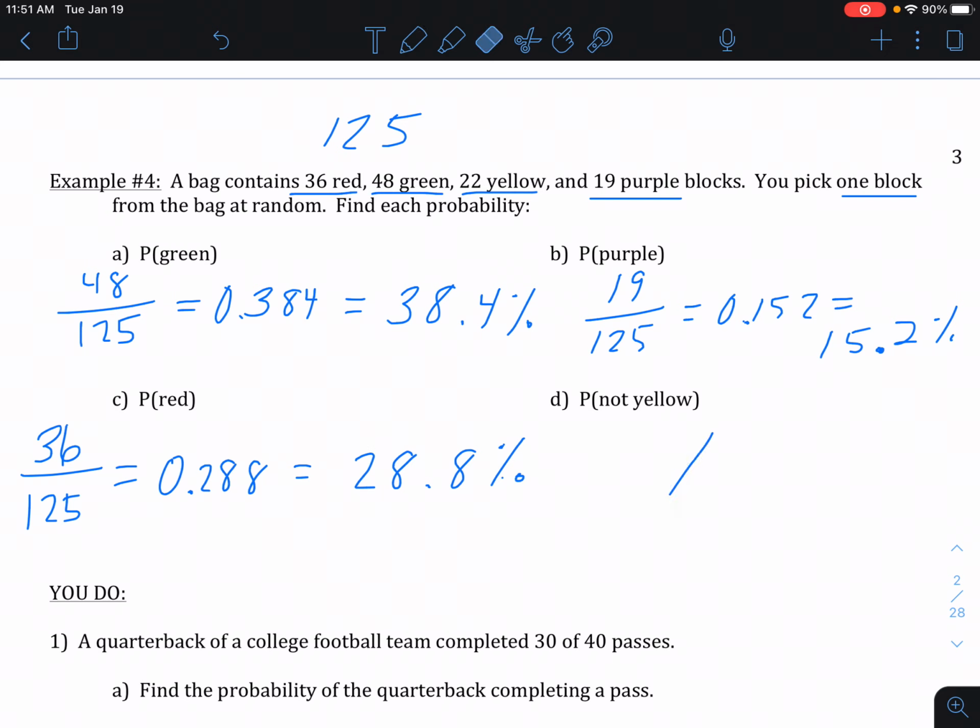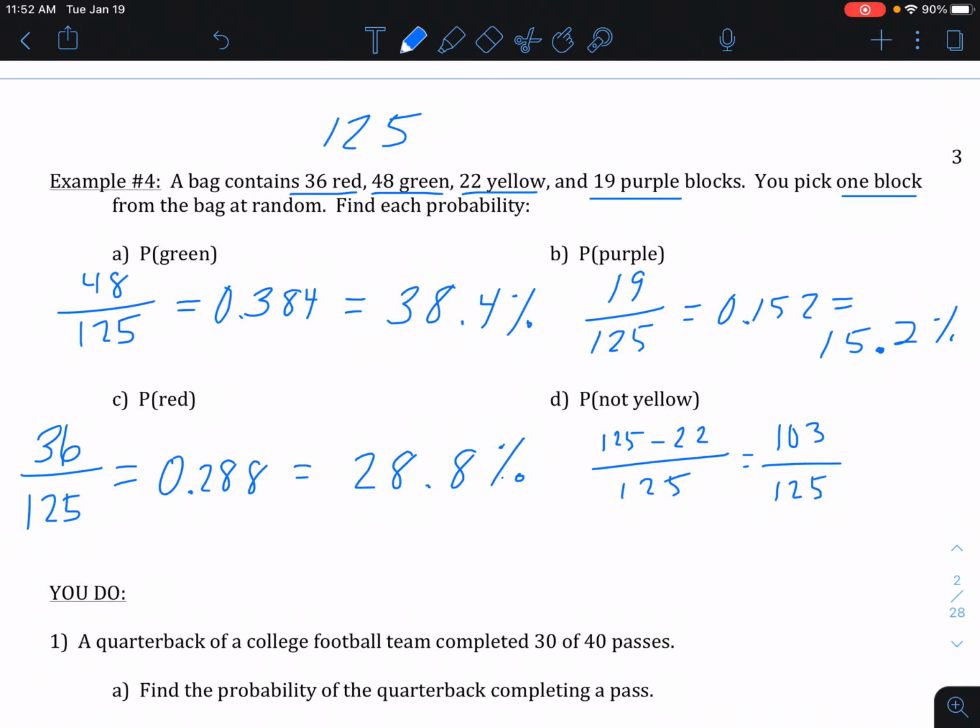All right, the probability of having not yellow, so that would be, well, there's 22 yellow, so that would be 125 minus 22, the 22 yellow. So that would be 103 left over when you subtract the yellow.